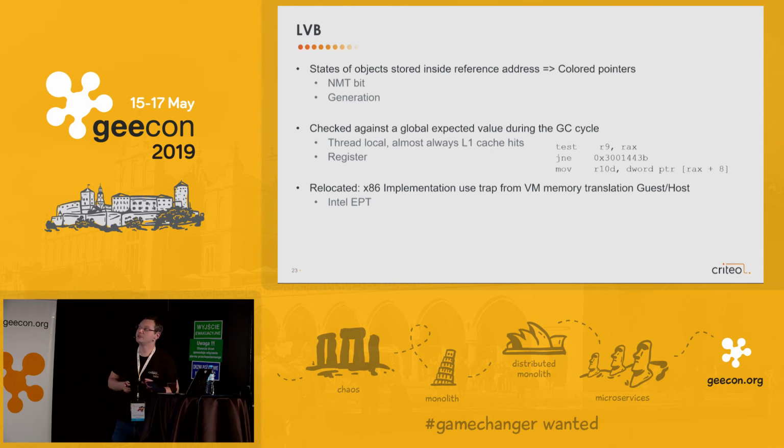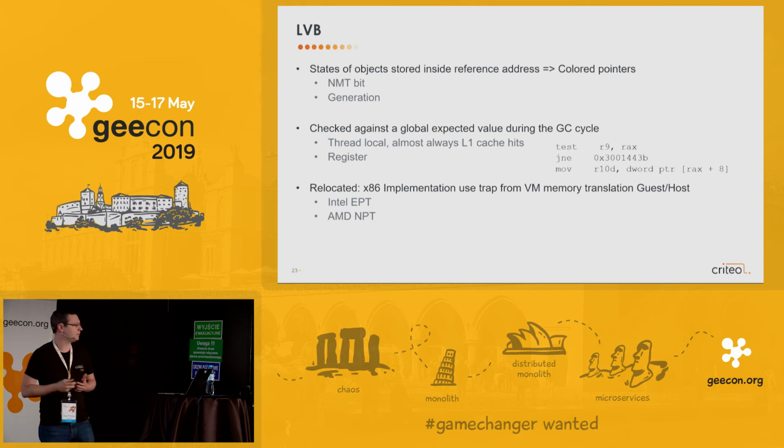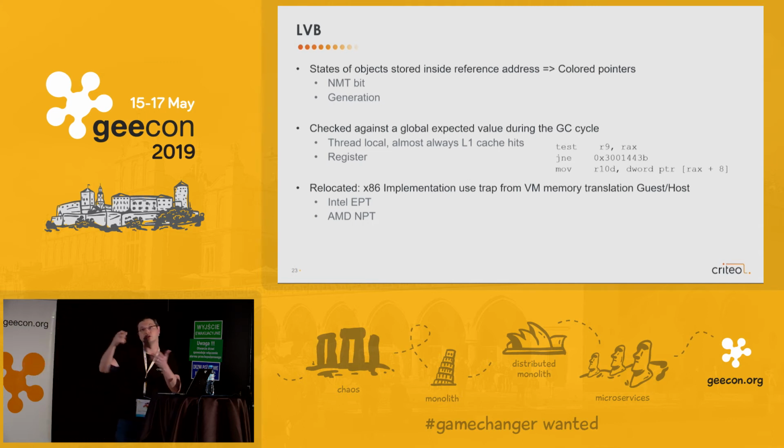For Intel, it's EPT, extended page table, and for AMD, it's nested page table. They use this mechanism to provide memory protection. If we access this protected memory, they install a trap or a handler, like a callback, that says, okay, we're accessing this memory, it shouldn't be, so we can try to correct this and execute some code to correct it.